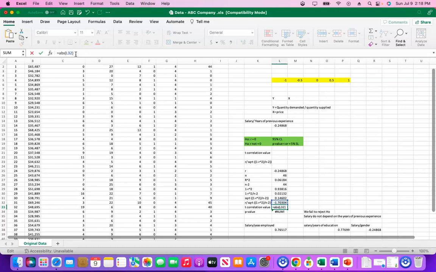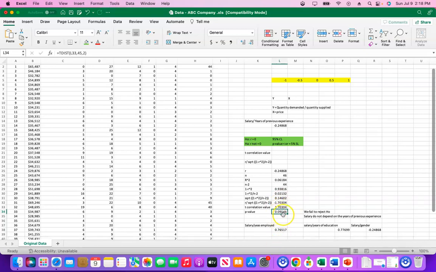So we will change it into an absolute value, meaning that whether we get positive or negative, it's going to be positive. If you enter, now we have the absolute t correlation value, and therefore it will give us the probability, which is 0.09.